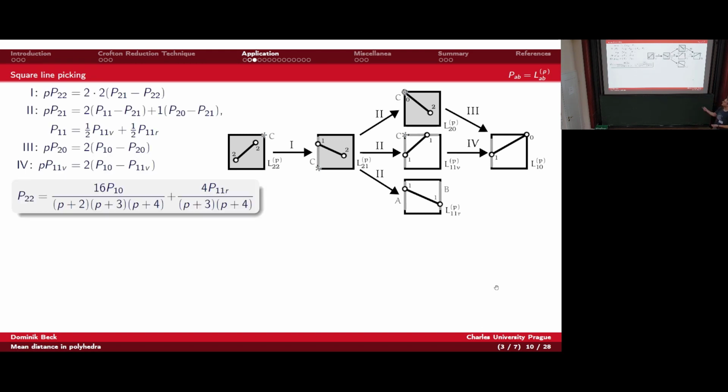And you can solve this linear system of equations related to each reduction, which is denoted with those Roman capital numbers. In order to calculate the mean distance between two points in the interior, you only have to calculate the values for these two configurations, which are very simple.